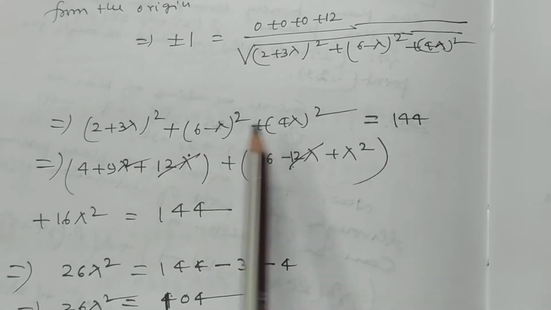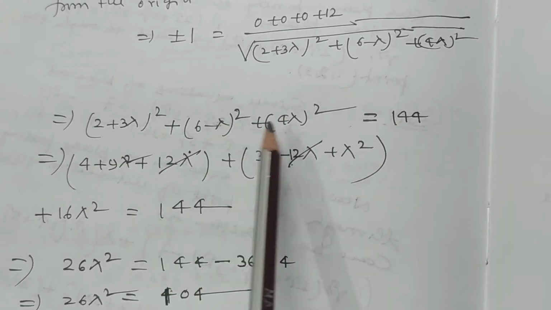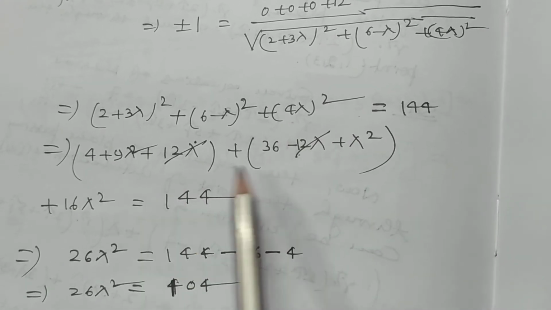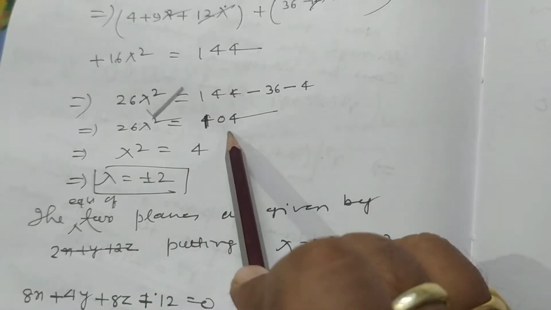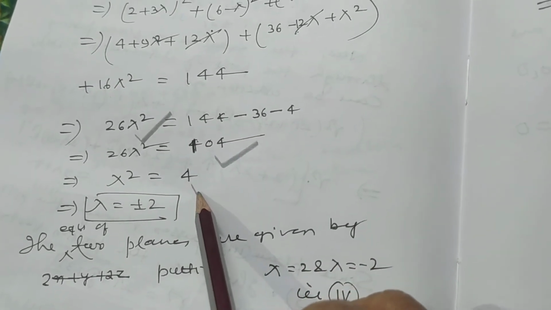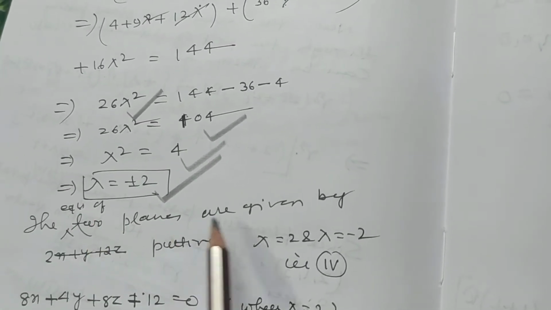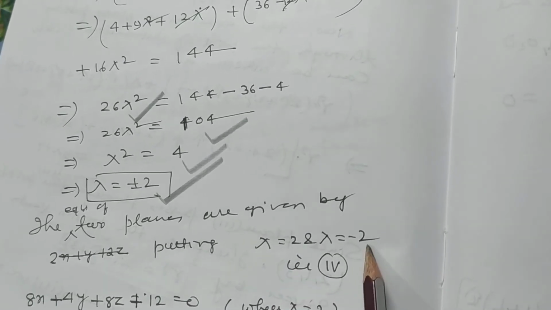Now, after simplifying, it will be (2 + 3λ)² + (6 − λ)² + (4λ)², and we will get this relation. Now, 26λ² = 104, λ² = 4, λ = ±2. The equations of two planes are given by putting λ = 2 and λ = −2.